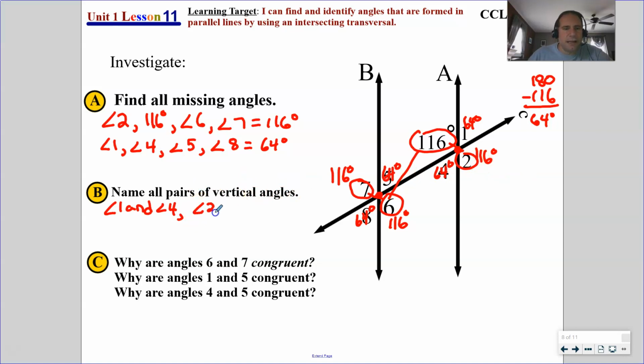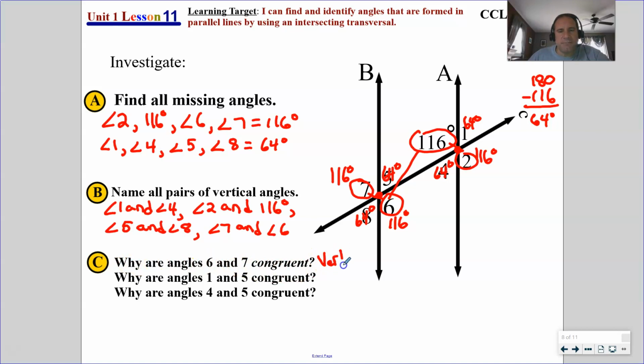Angles 2 and 3 are vertical. Angles 5 and 8 are vertical. And then finally angles 7 and 6 are vertical.